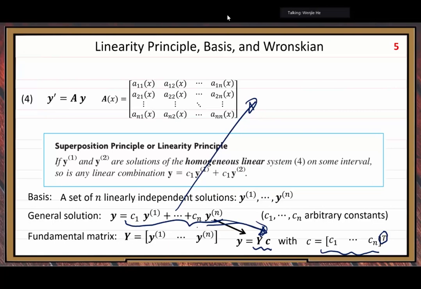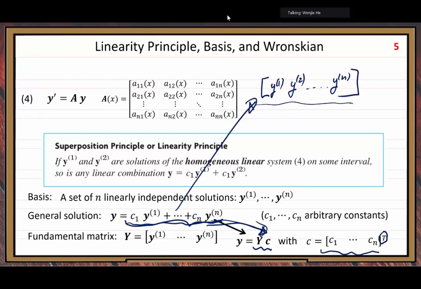So here, the form of this one, we just rewrite this form. But when we rewrite, we need to arrange the elements carefully. So y1, y2, column vectors, up to yn.